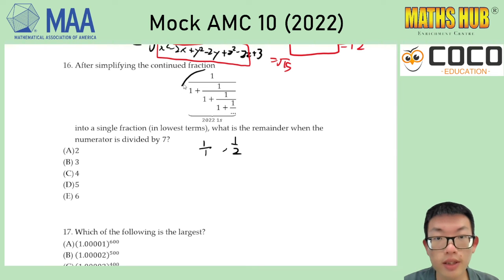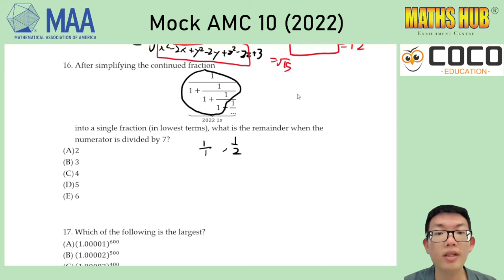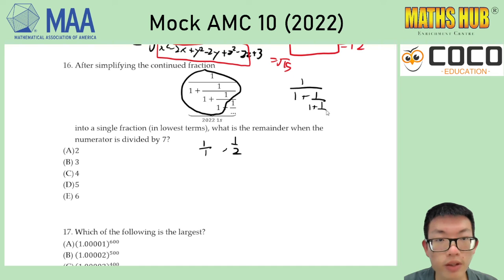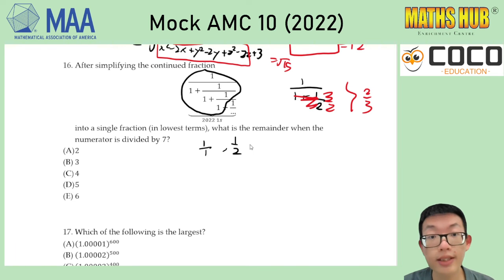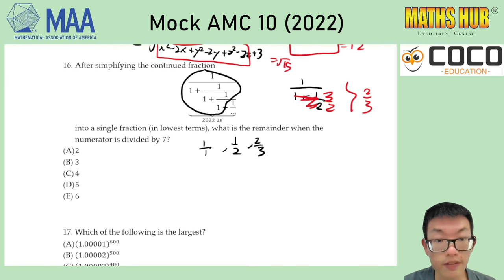Now, this is 1 over 1 plus 1 over 1 plus 1 over 1 is 1 over 2. Okay, I'm going to just use an eraser and overwrite. So this is 3 halves, and 1 over 3 halves is 2/3. So that is what we get next, 2/3.